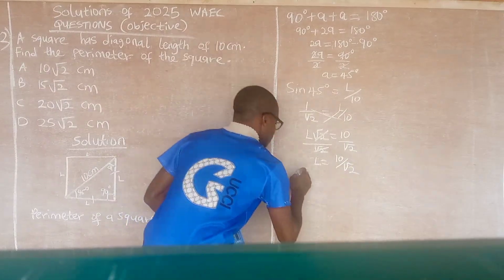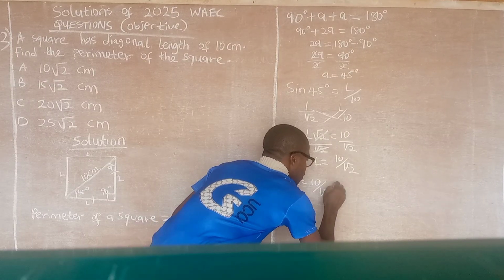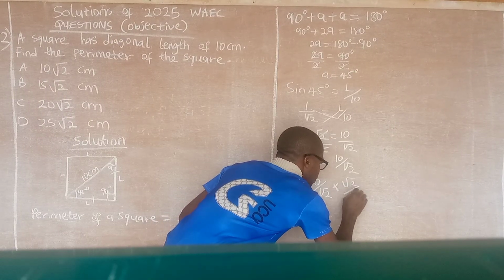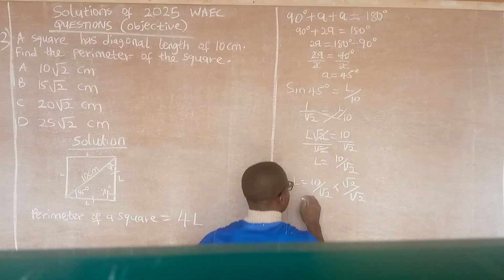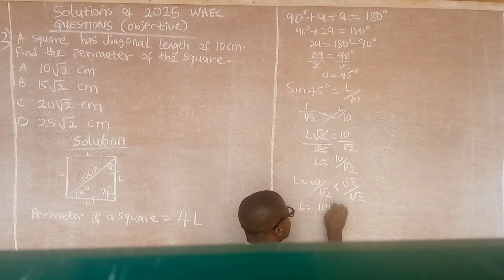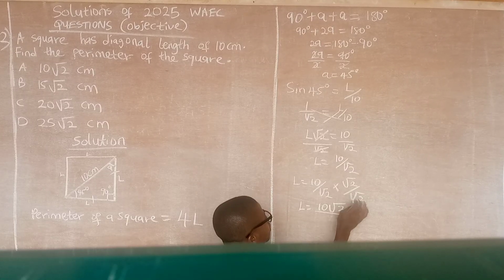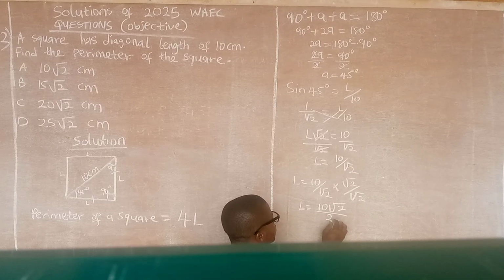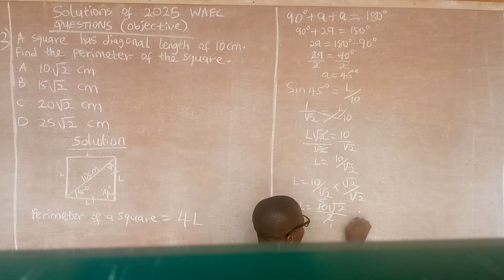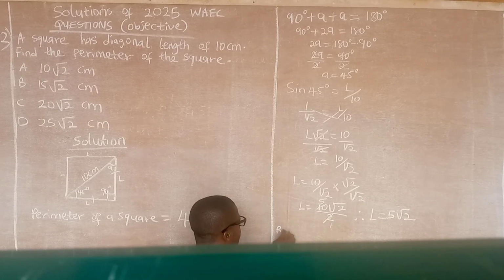Rationalizing this surd, I have that L is equal to 10 over root 2 times root 2 over root 2. So L is equal to 10 root 2 over root 2 times root 2, which is 2. Divide by 2. Therefore, length is equal to 5 root 2.